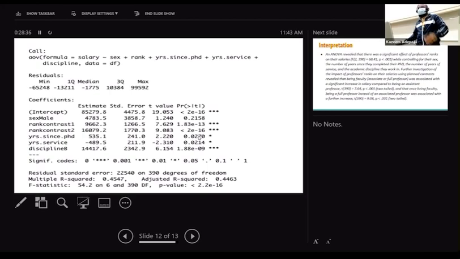And not only that, within the tenure track, there is a statistically significant difference between the salaries of associate professors and professors. And that is the reason why every lecturer wants to attain full professorship.